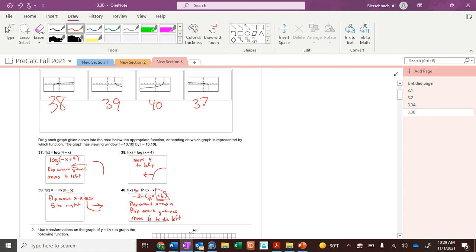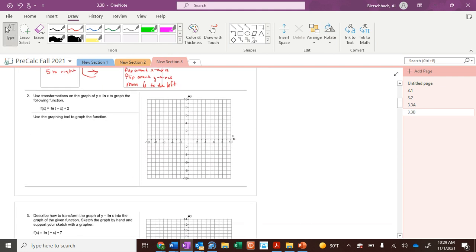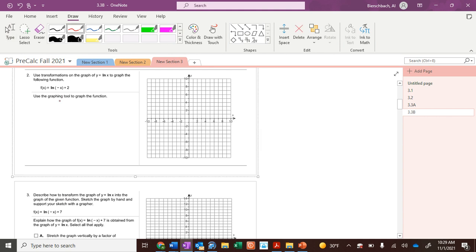What I'm confused about is the plus 6 after we move that around. Negative x plus 6. All right. So if it happens inside, that's a y-axis flip.